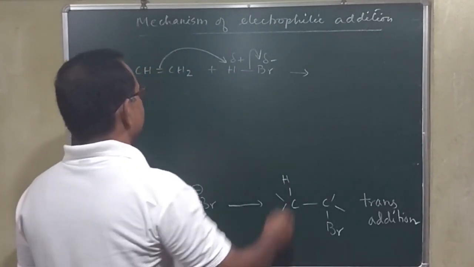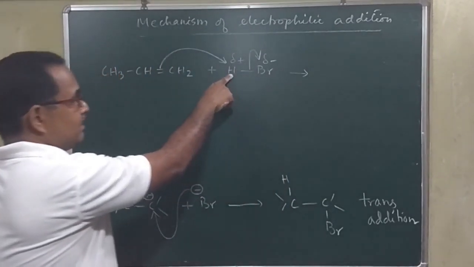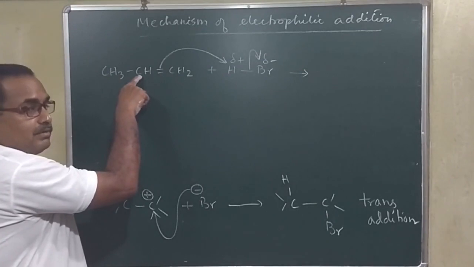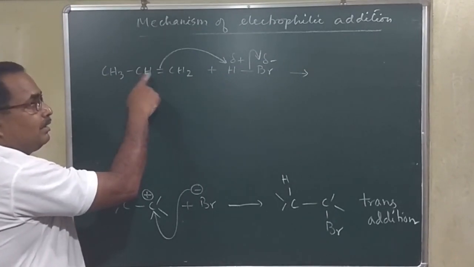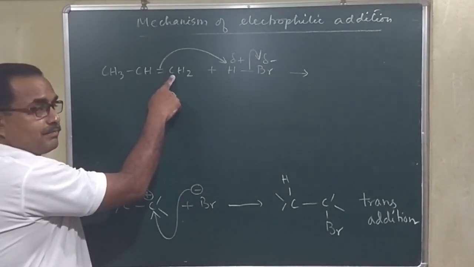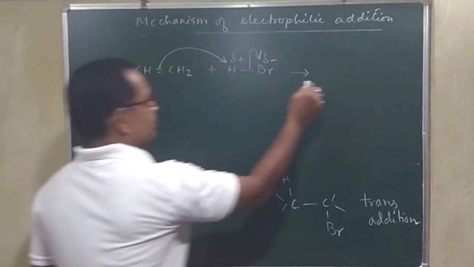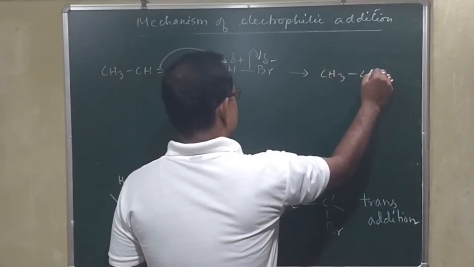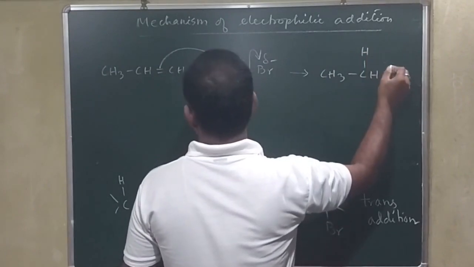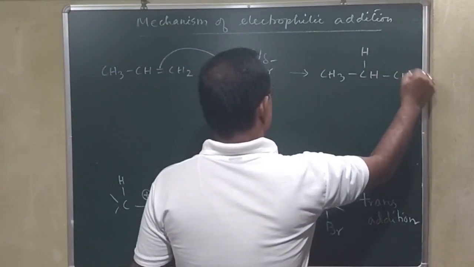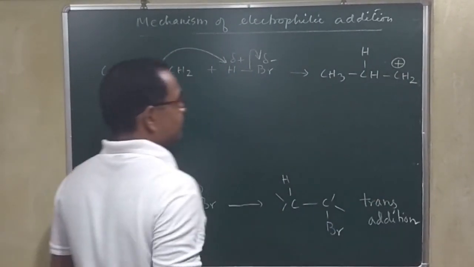Now what can happen? This hydrogen may bond to this carbon. In that case, this carbon will be positive. So CH3, CH, CH2, this carbon is positive.